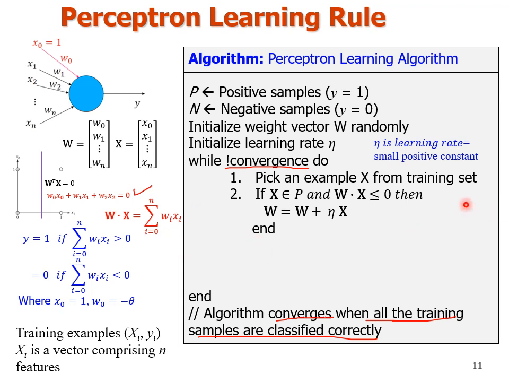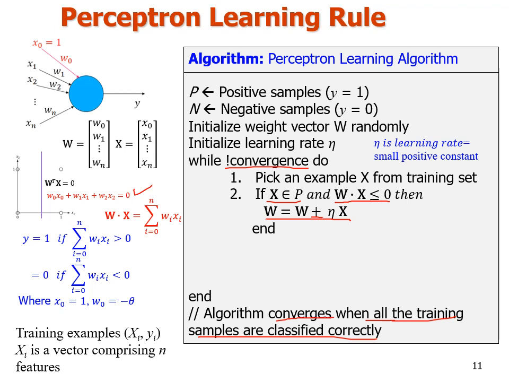If actually the sample is positive and it is being computed as negative or 0, then there is a contradiction, and hence we need to update the weight using the expression W equal to W plus eta x. Similarly, we have the other condition.